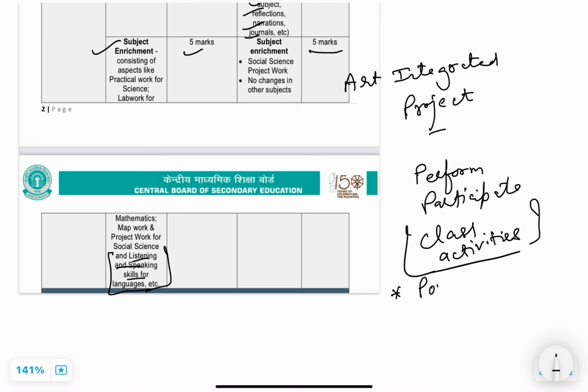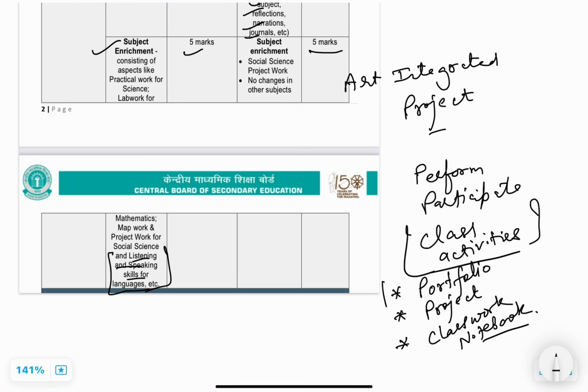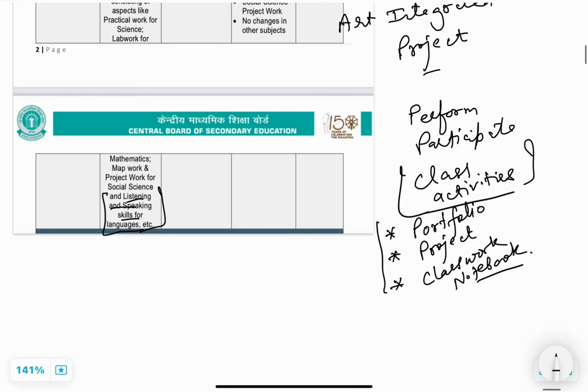Apart from that, you are to keep 3 points in your mind. One is your portfolio, another one is your project, which may be conducted in a group, and the last one is your classwork, that means your notebook. How will you prepare your notebook? How will you maintain it? You will be given marks on the basis of this.